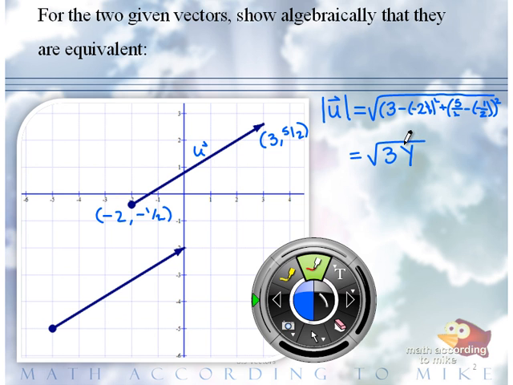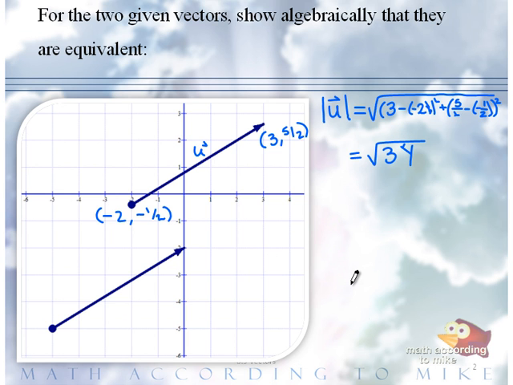Bam! That's a 4, everyone. Square root of 34. Good enough. All right, so that's its distance.